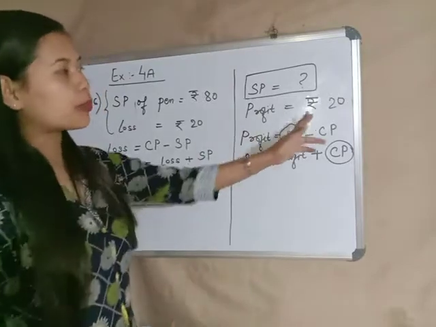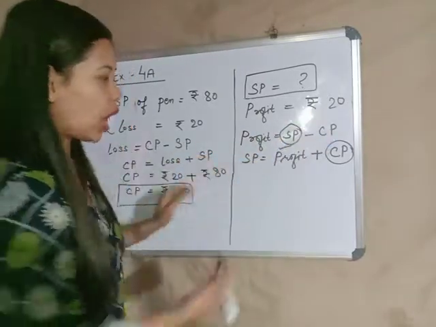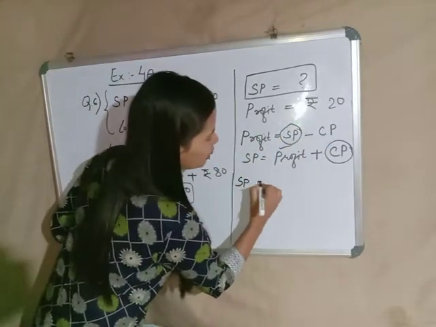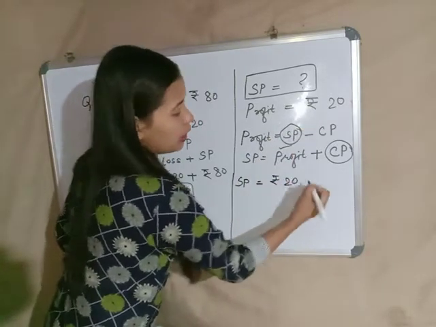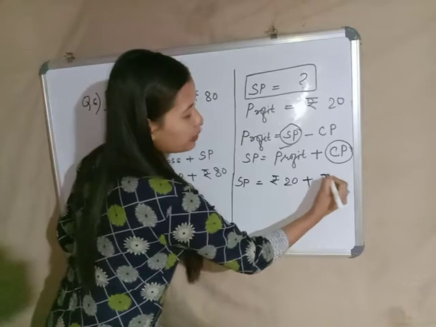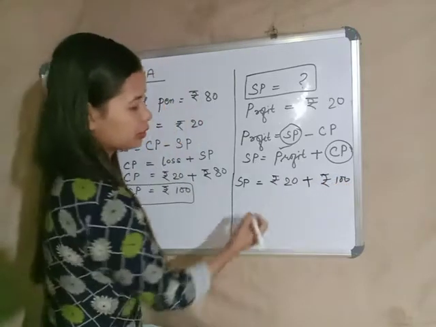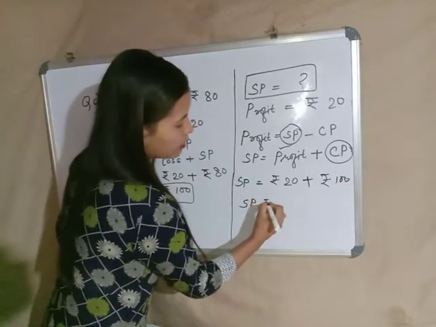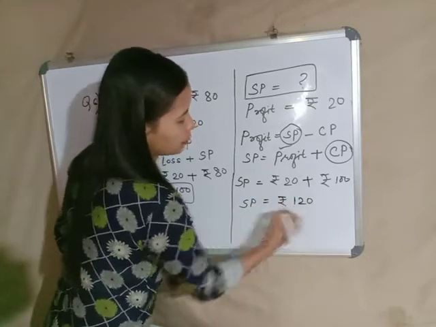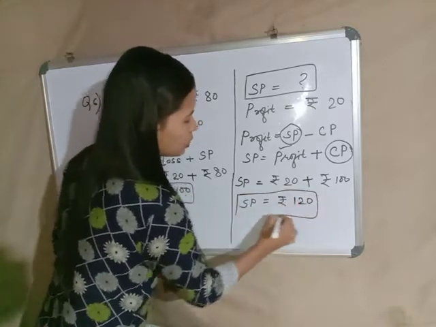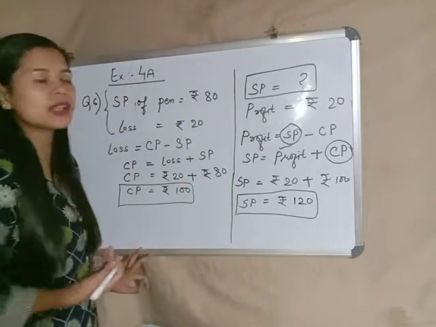We want to make a profit of rupees 20, and the actual cost price of the pen is rupees 100. So the selling price of the pen will be rupees 20 plus rupees 100, that is rupees 120. This is what the question is asking for.